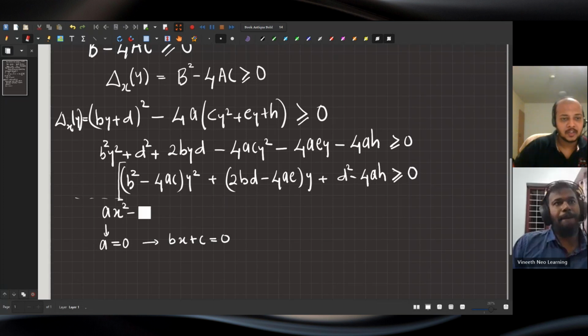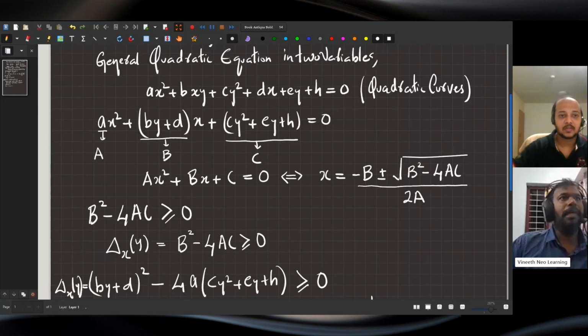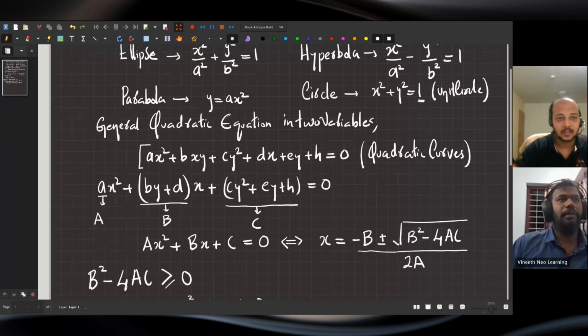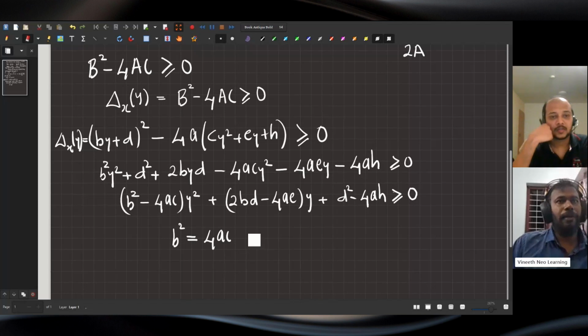It will depend upon the values of a, b, and c, because we just took a general equation. We haven't placed any constraints on this equation. So if we assign particular values for a, b, and c such that b squared is equal to 4 times ac, then b squared minus 4ac can become 0. In that case, the equation will actually become a linear equation.